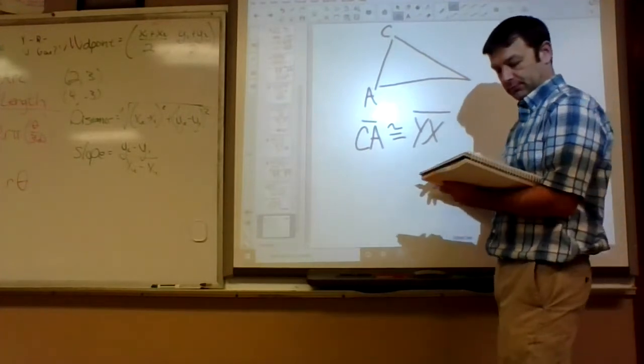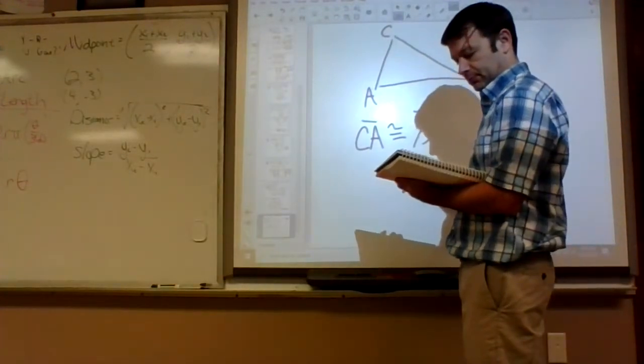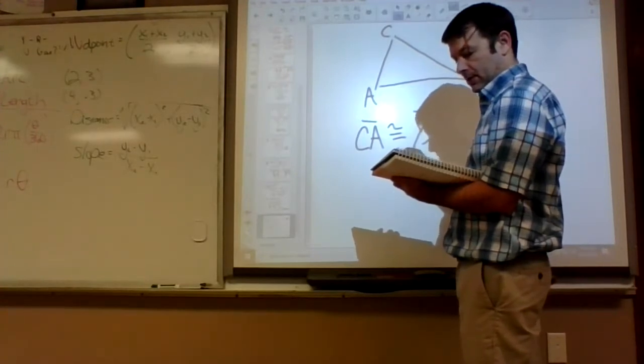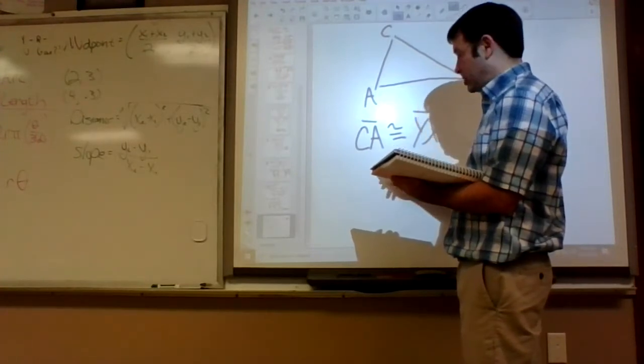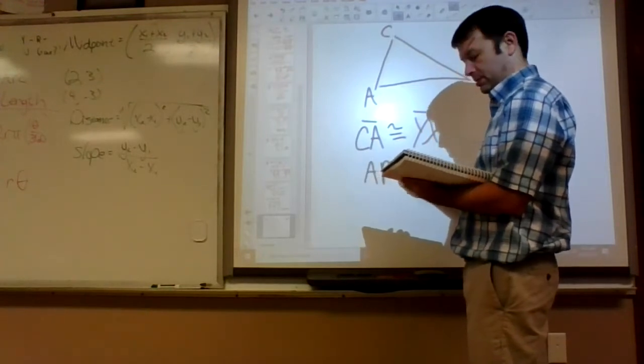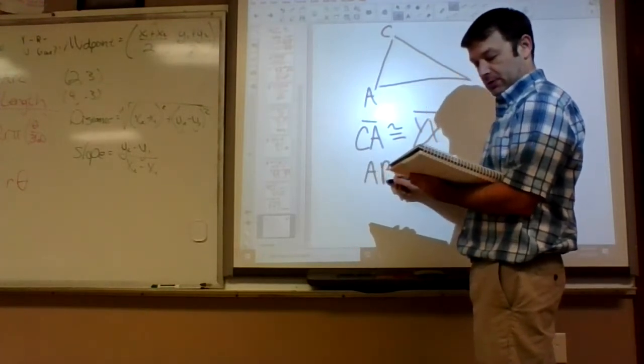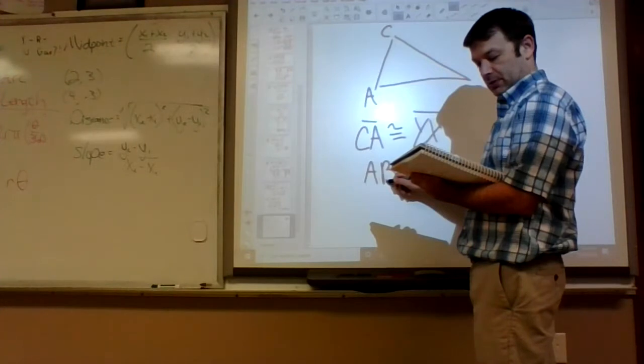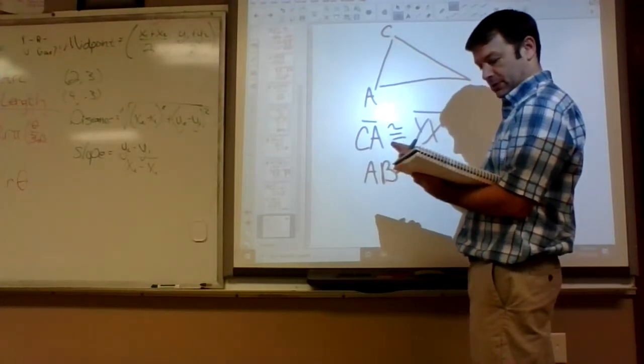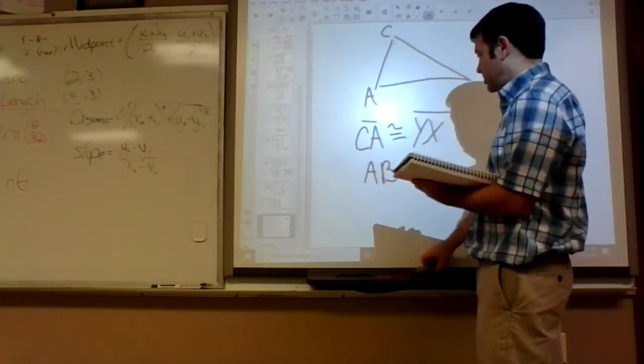CA, TR, AB, RS, BC, SG. Okay. AB. Wait, are you looking at number 8 or number 7? Which number are we on? Did I say the wrong thing? Yeah, you're looking at number 8. Yeah, I started looking at number 8, didn't I?